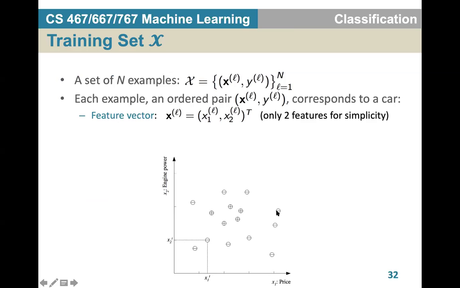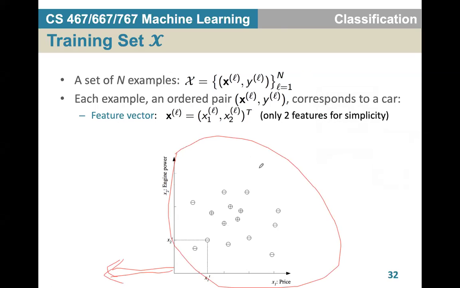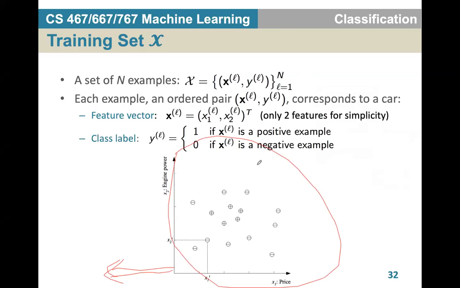For each point, we have its price and engine power plotted here. And then the Y, the target to predict, is actually another dimension coming out of the screen. The X's are the variables to input, and you want to predict the other dimension coming out of your screen. This is the right way to view it.